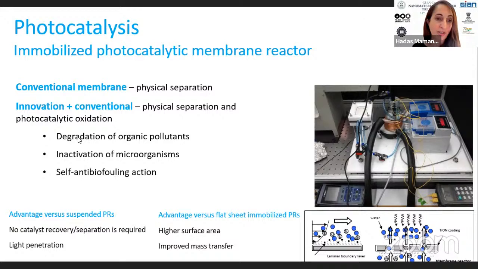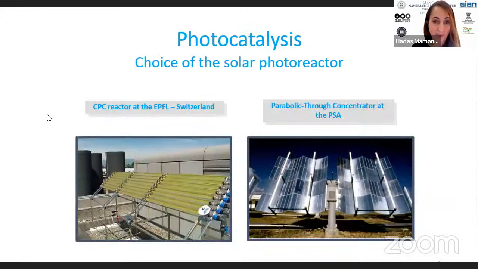It's also very important to degrade the organic pollutants, to inactivate microorganisms, and design a membrane that will have a self-anti-biofouling action. So we need to look at all these parameters. In addition to that, with photocatalysis, if it's based on solar radiation, the choice of the solar photoreactor is really important.